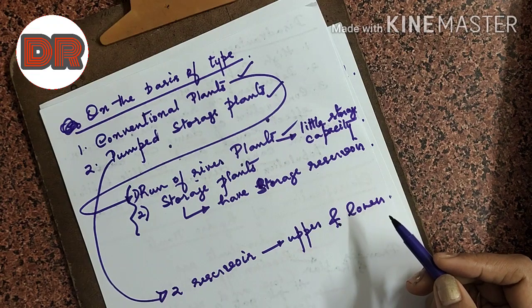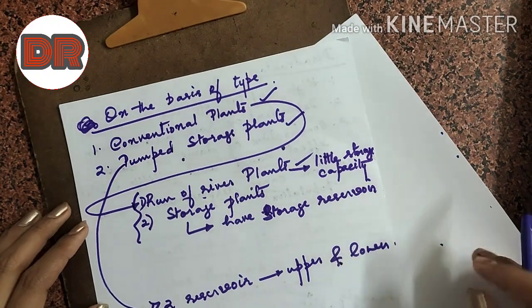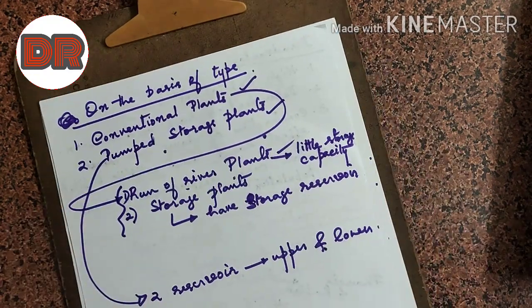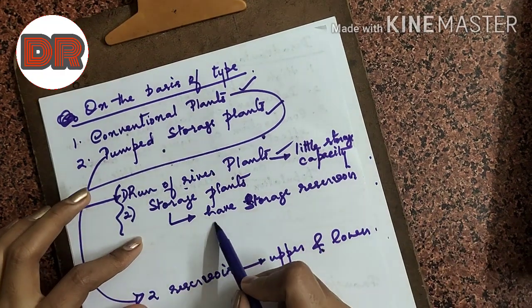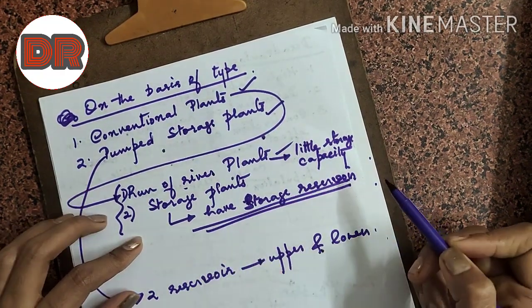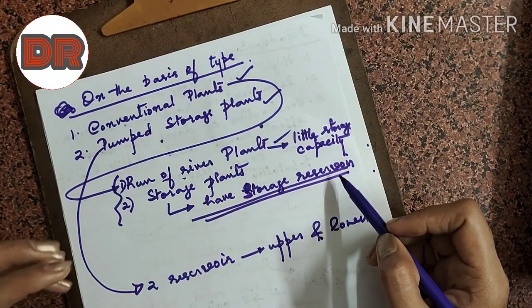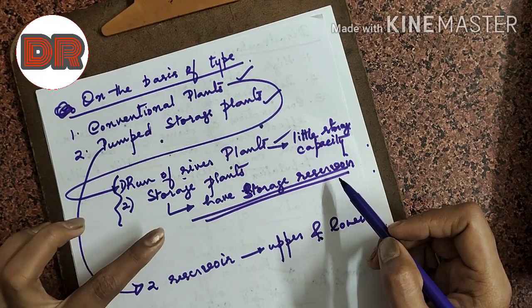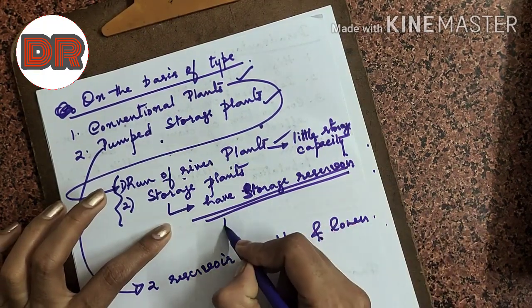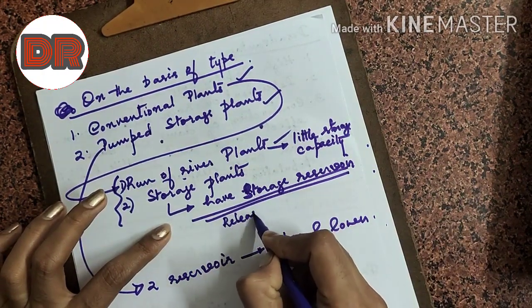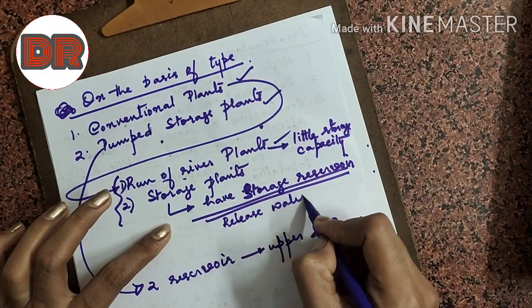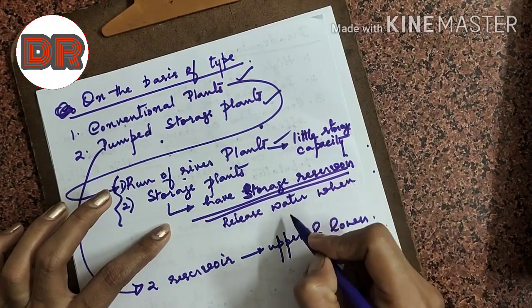This is how the classification is done based on type. The storage plants store water when the power required is low and release it when demand is very high.